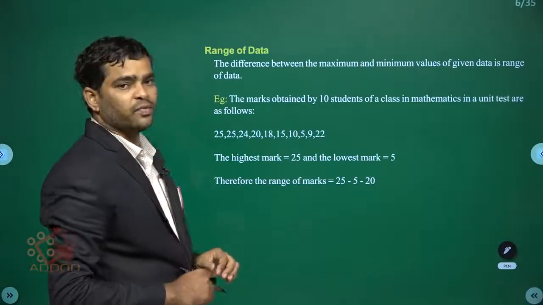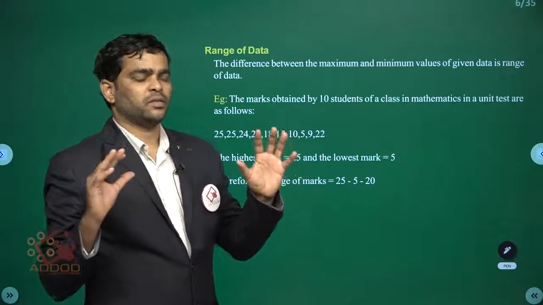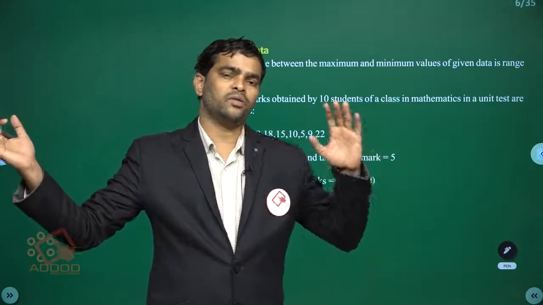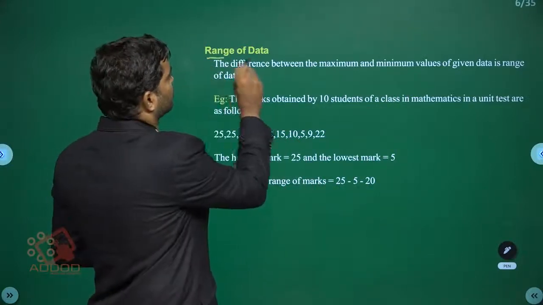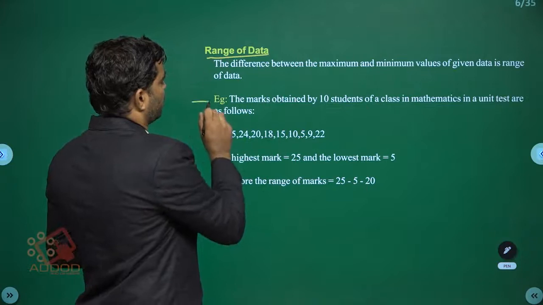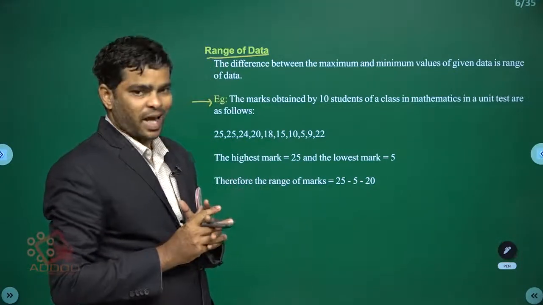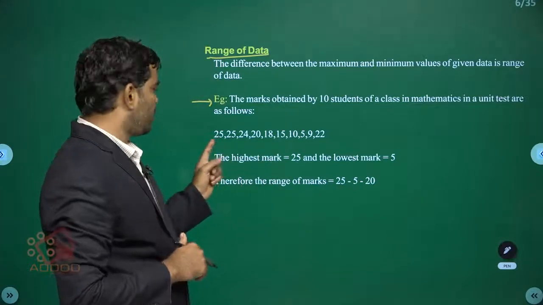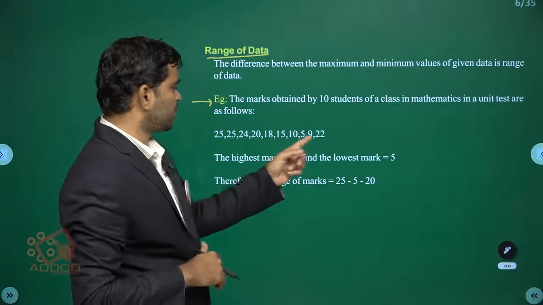Next, range of data. How to find the range of data? The range is the difference between the largest value and the smallest value. For example, the marks obtained by 10 students of a class in mathematics are given like this: 25 out of 25, 25, 25, 24, and so on.